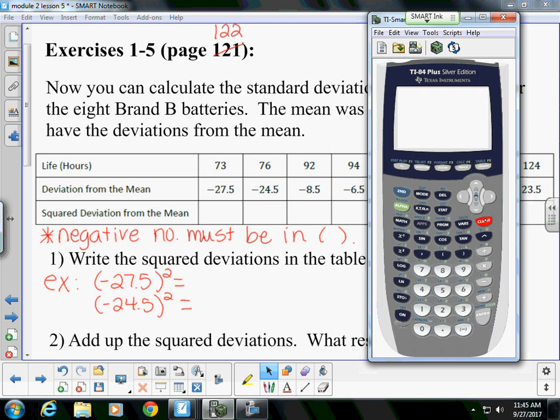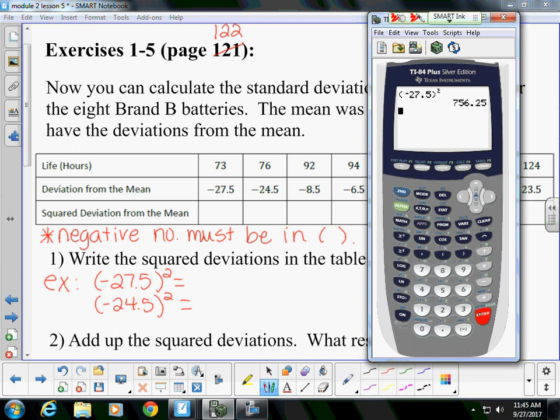I'm going to clear out what I already have there. Okay, so I'm in my parentheses, and I'm putting negative 27.5, parentheses, and then my square key over here, equals 756.25.